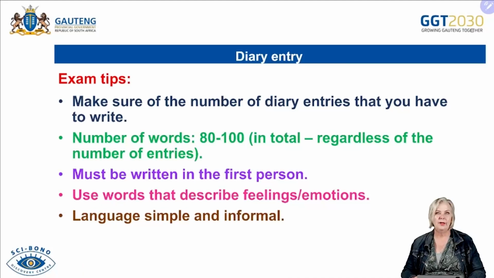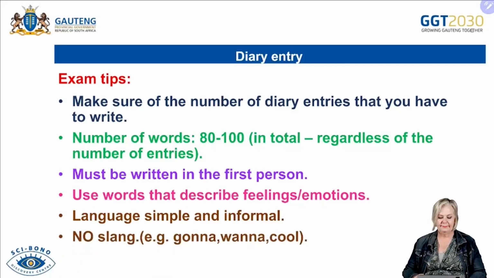As I said, you can use informal language, but avoid slang and profanities. Slang, no: gonna, wanna, ain't, okay, bro, bra, all of those words that we often like to use among friends or even in the privacy of our rooms.